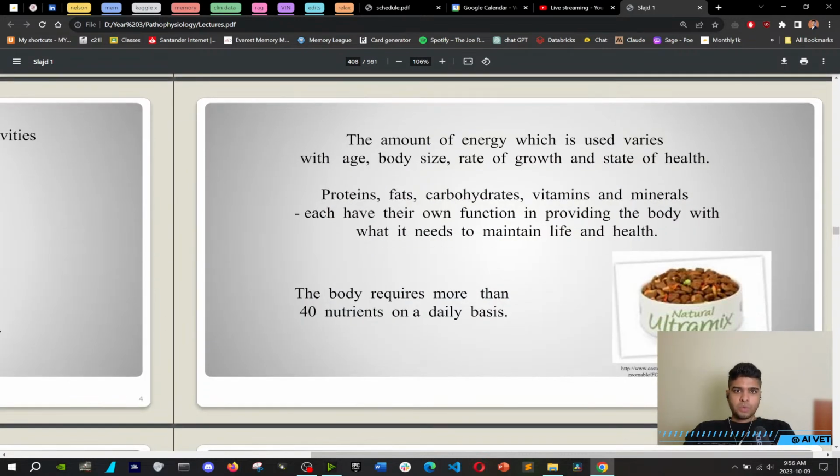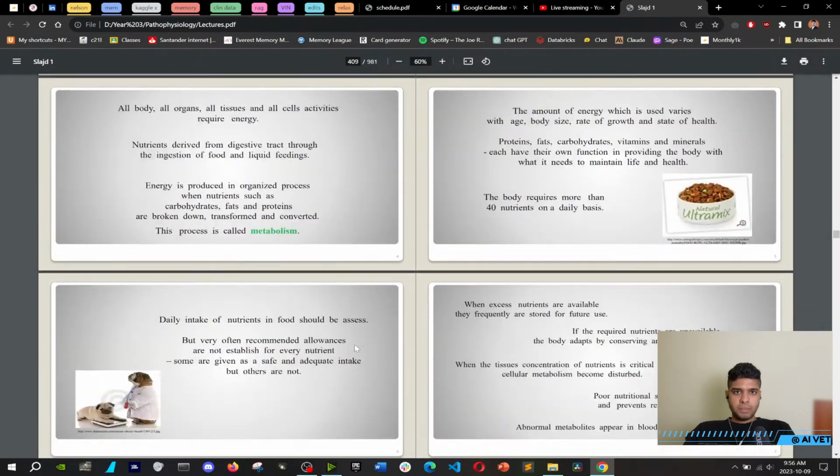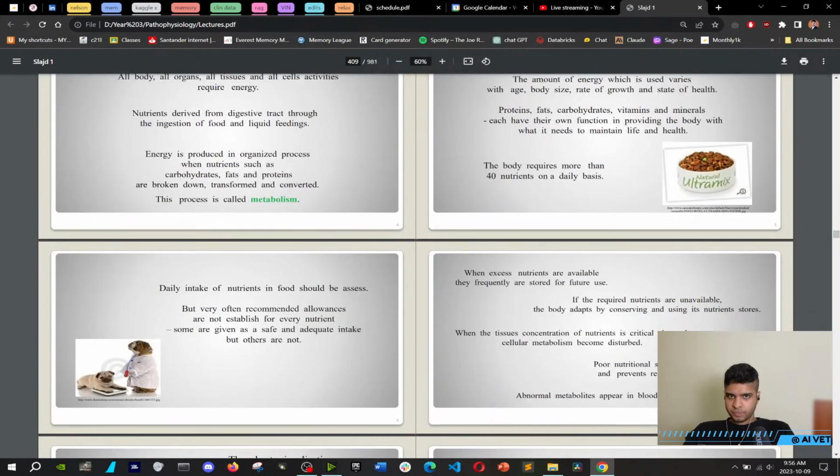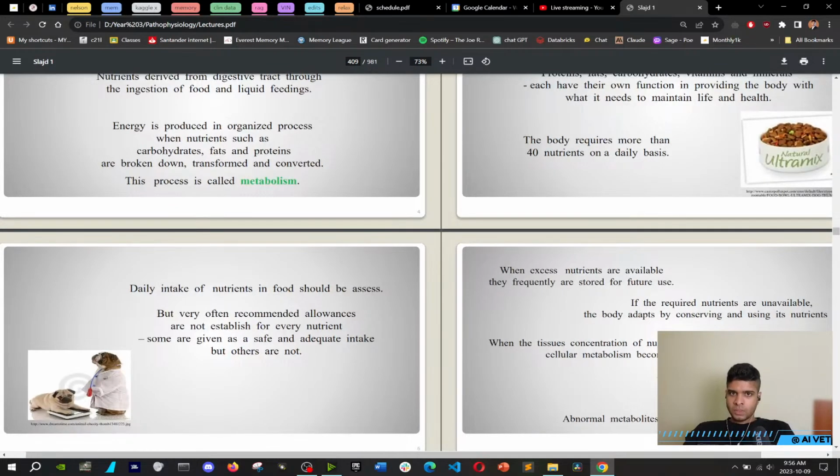The body requires more than 40 nutrients on a daily basis. Daily intake of the nutrients in food should be assessed, but very often recommended allowances are also established for every nutrient, given as safe or adequate.